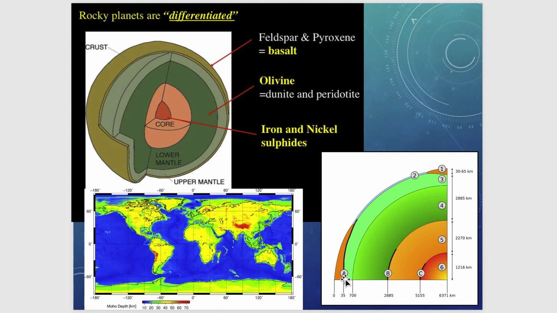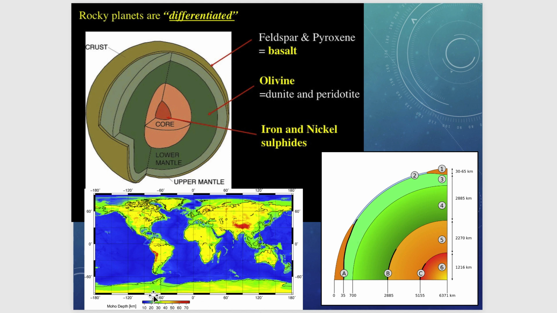Actually no, it's this one, sorry. So this is the Mohorovičić discontinuity. It's going right through the middle here, separating essentially the lower crust from the upper mantle.